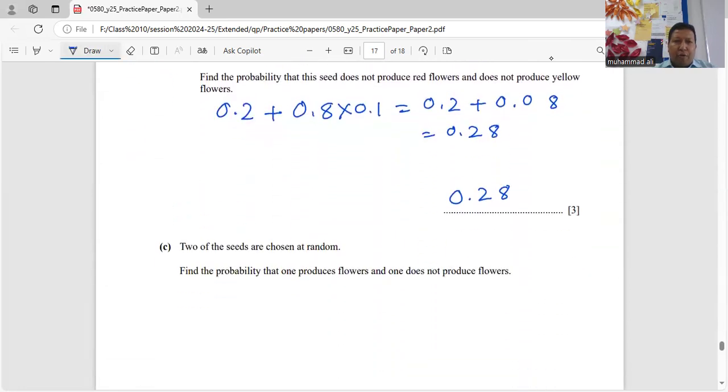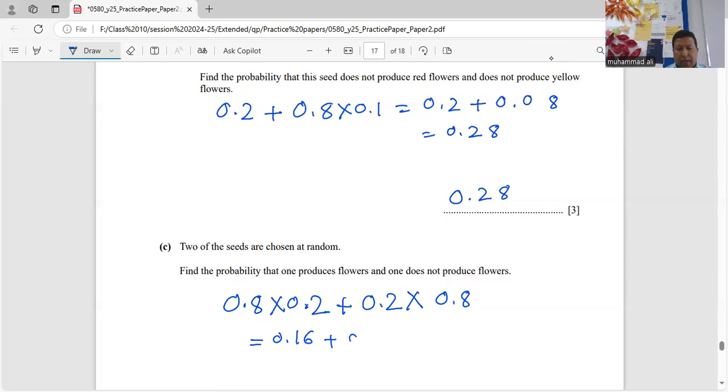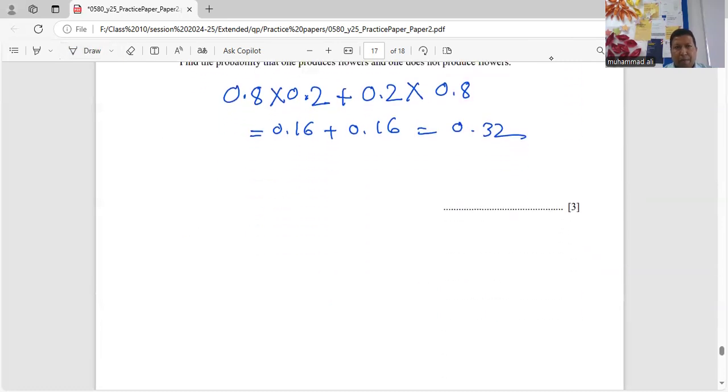If not produced flowers at first, 0.2, produced flowers is 0.8. So finally, after calculation, it will be 0.16 plus 0.16, it will be 0.32. So the final answer will be 0.32.